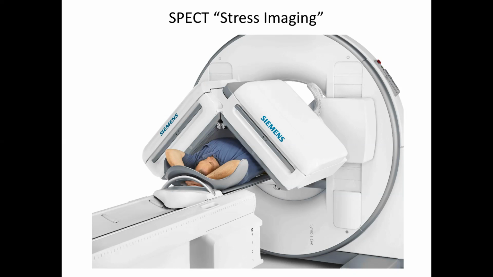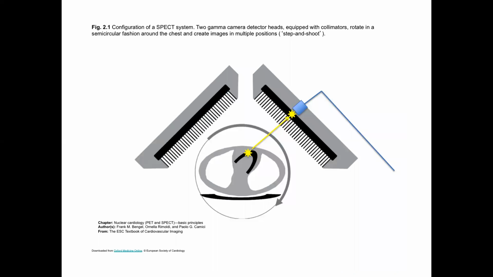However, some of it will be absorbed by the patient. And so you'll get a shadow of the patient from the inside out when you're making this picture. As we saw in the first lecture, it's very important to have this septa, so that when you detect one of these 140 keV photons hitting one of your detectors, you know it came from a position that is essentially orthogonal to your detector.